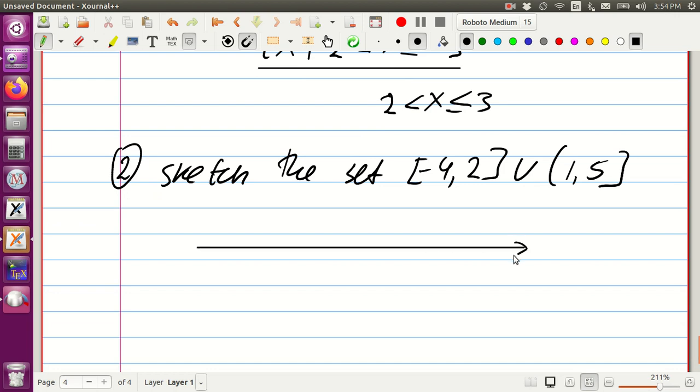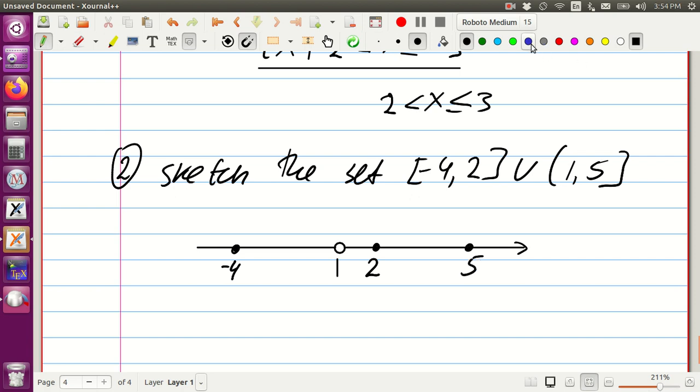We're going to start at -4, which is a filled-in circle. We're going to go up to +2. Then for 1, we're going to put an empty circle over here. And 5 is a filled-in circle over here.